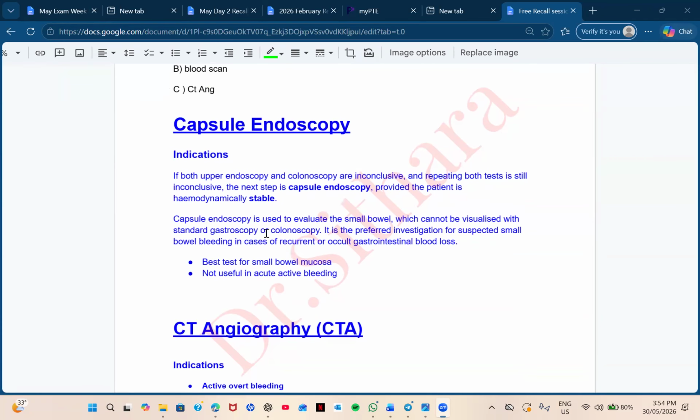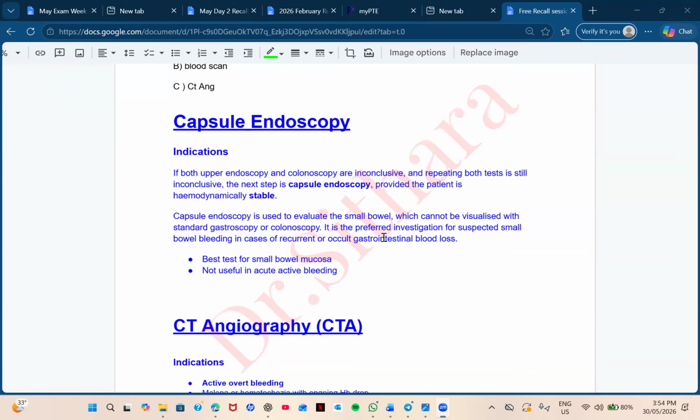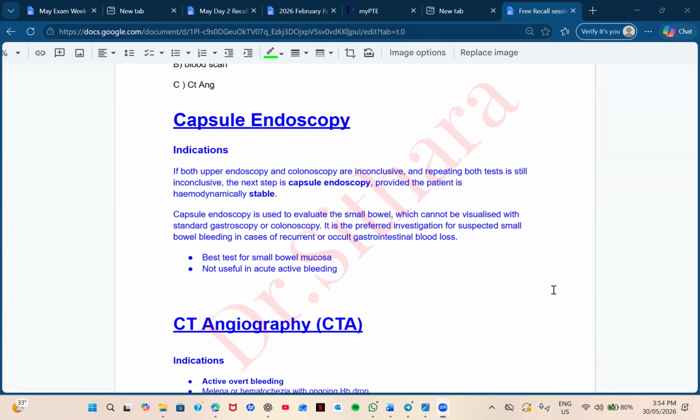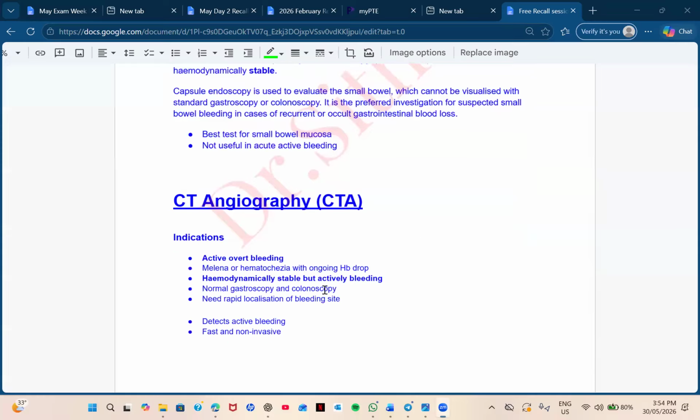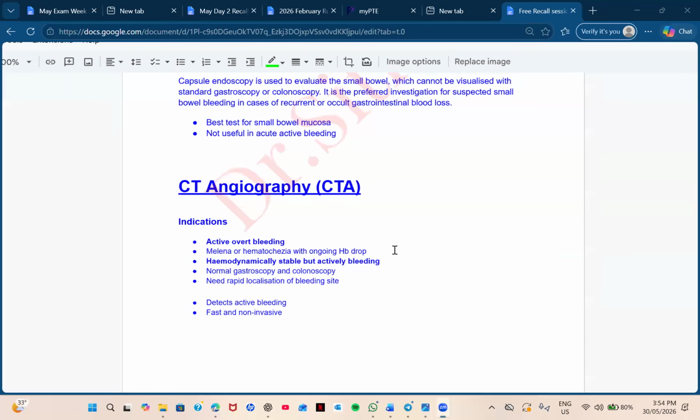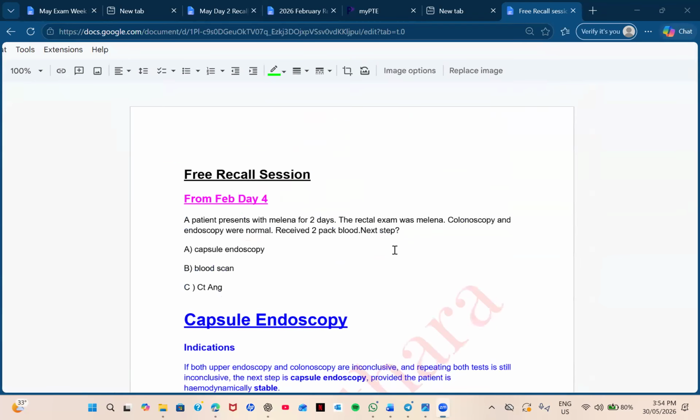Capsule endoscopy is used to evaluate the small bowel, which cannot be visualized with standard gastroscopy or colonoscopy. It is the preferred investigation for suspected small bowel bleeding in cases of recurrent and occult GI loss. CT angiography is for hemodynamically active bleeding. Remember these things.